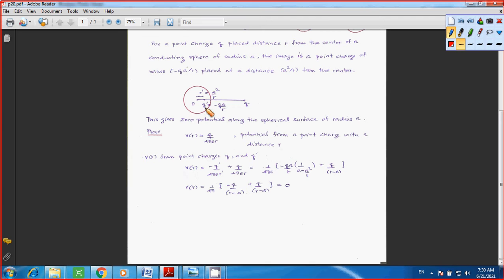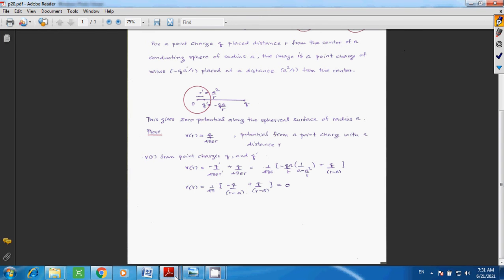By superposition, your V(R) is going to be the voltage from q and the voltage from q prime. Simply add them up, and that gives you V(R) equal to 0, so V(R) is constant. That's problem 1.18a.